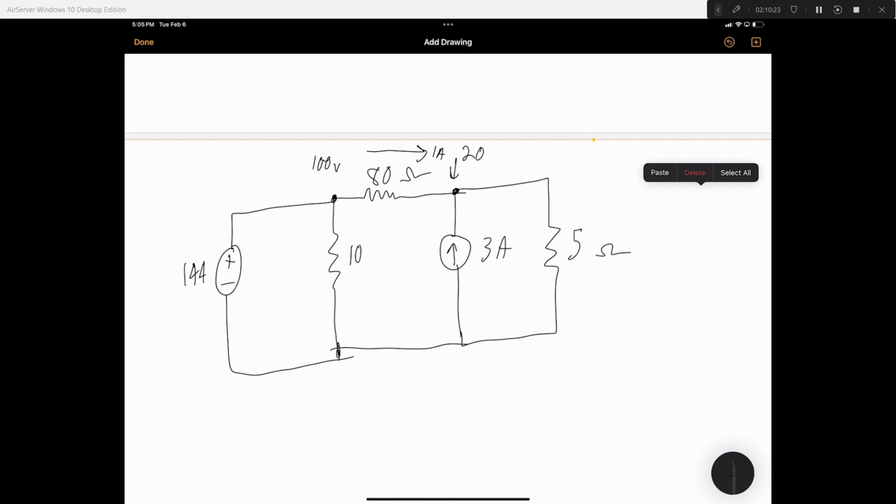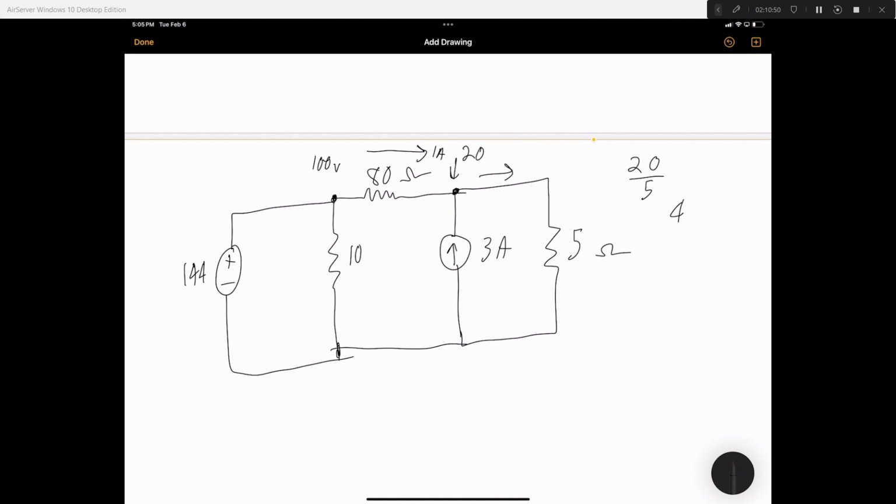Alright. So what's the current to the right of there? Well, go from 20 to 0. 20 divided by 5 is 4.